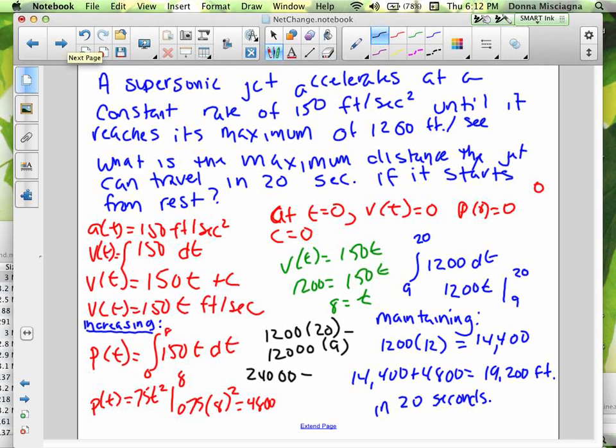10,000 times 9. What does that look like? Oh, because I wrote the wrong number of zeros here. So that's going to be 9,000 plus another 1,800.